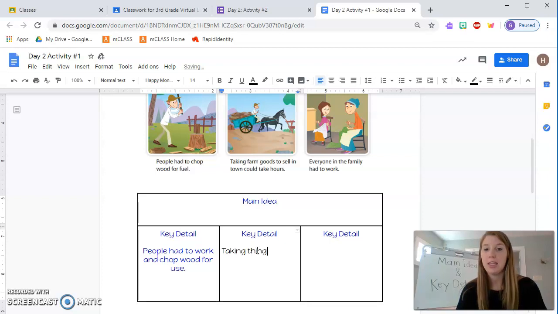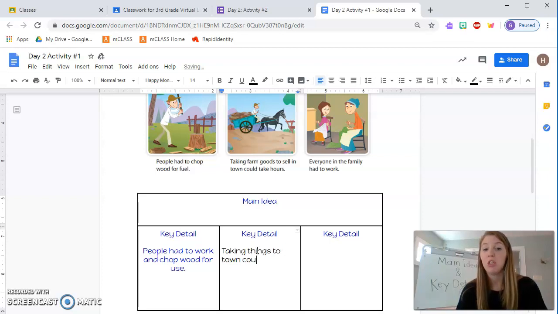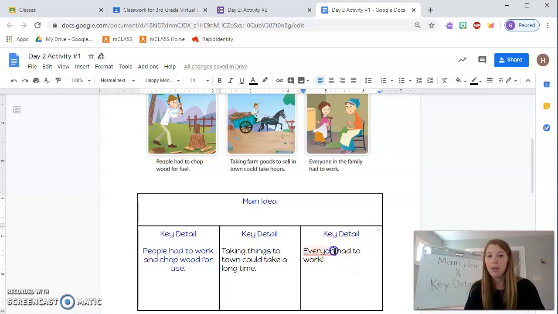Taking things to town could take a long time. And then our last one, everyone had to work! I put an exclamation point at the end because I'm feeling some type of way about that one.